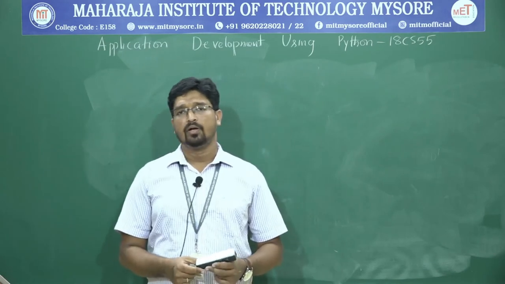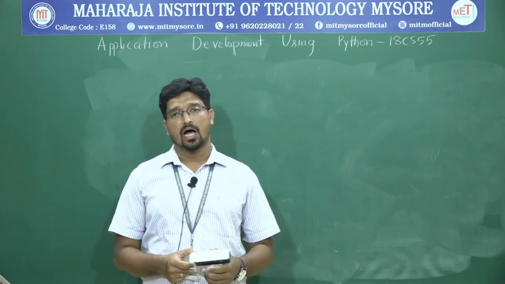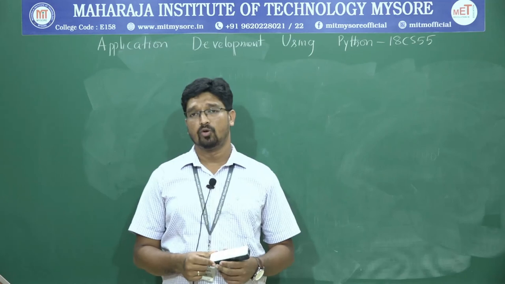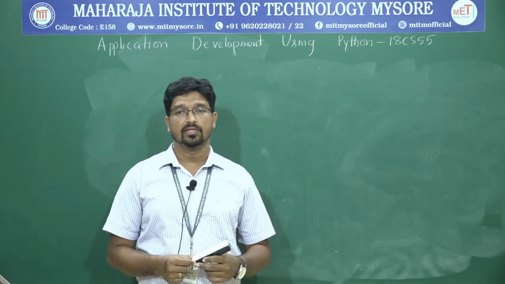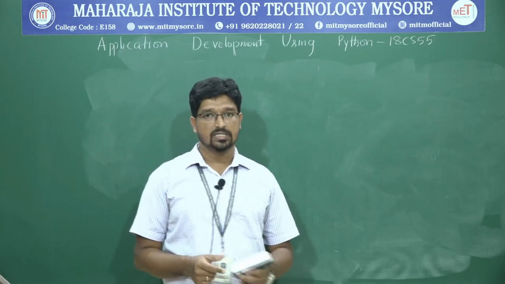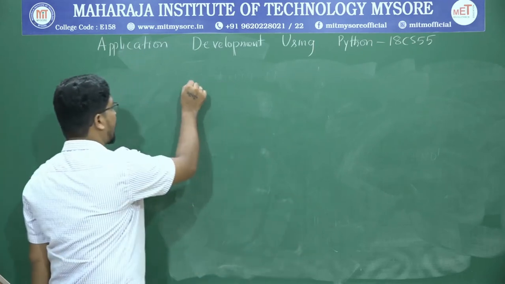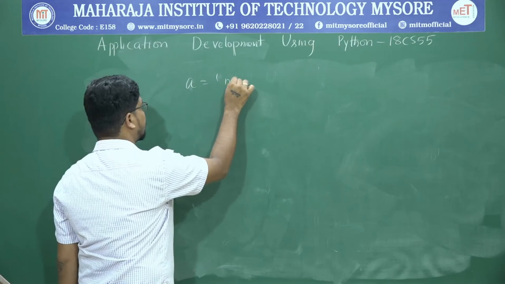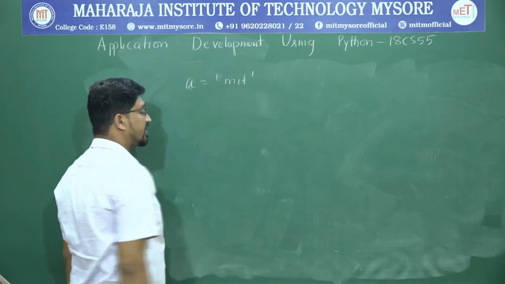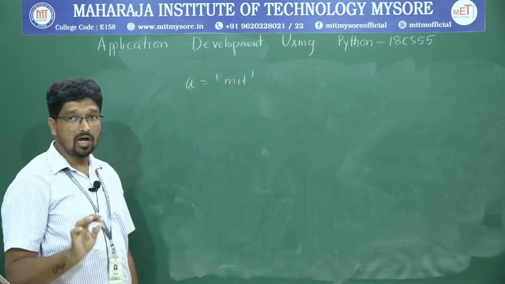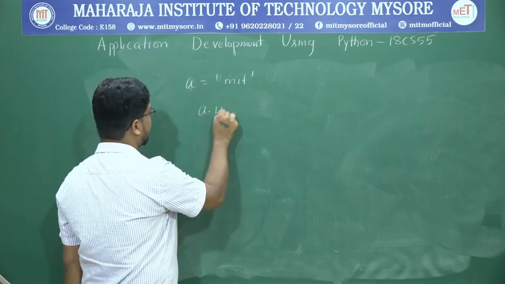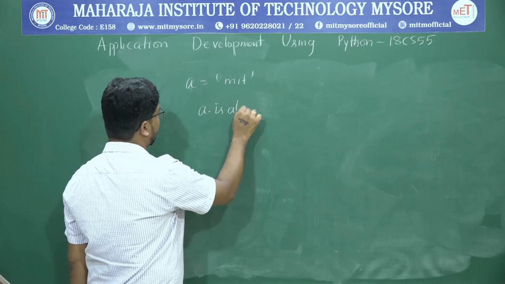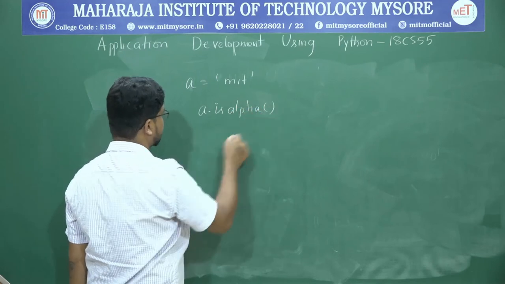Okay, next we have is alpha, is alpha numeric, and is decimal. These are three methods for strings. Assume that you have A is equal to MIT. If you want to check whether the string contains only alpha characters, that is alphabets, then you can check A dot is alpha. Again you will get a true or false result.